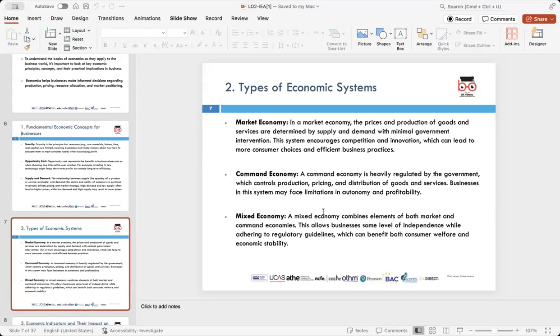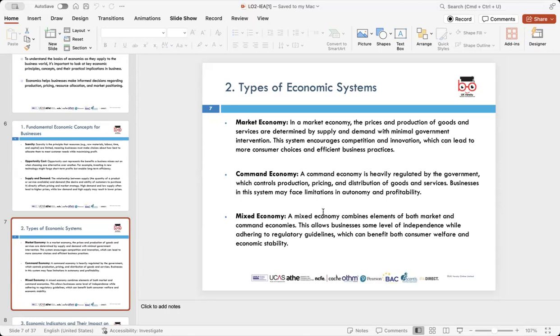Mixed economy. The most common system today is the mixed economy, which blends elements of both market and command economies. So this allows businesses to operate independently while following government regulations that protect consumer rights and ensure economic stability.